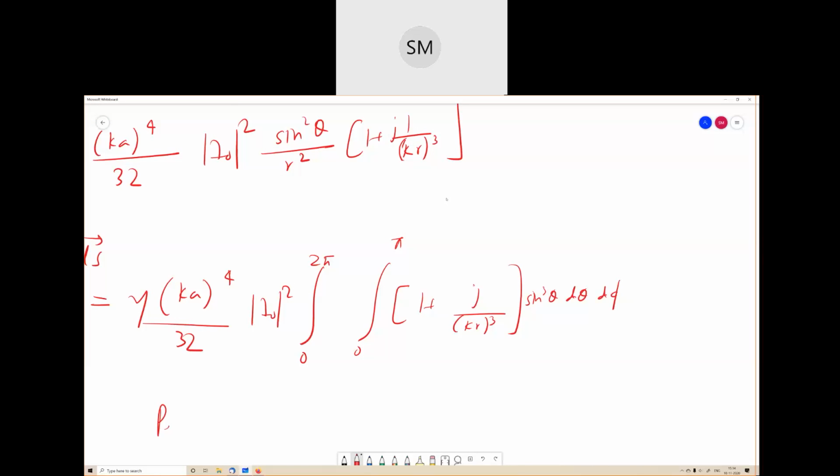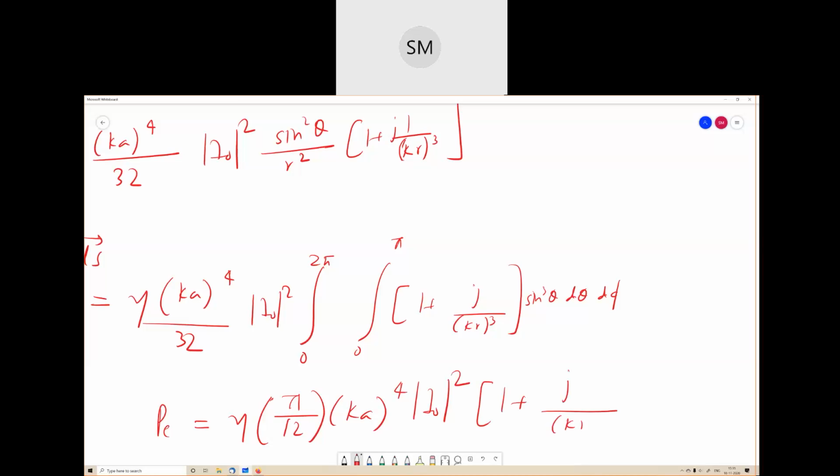So P equal to eta pi by 12 k to the power of 4 I naught squared, 1 by jkr.